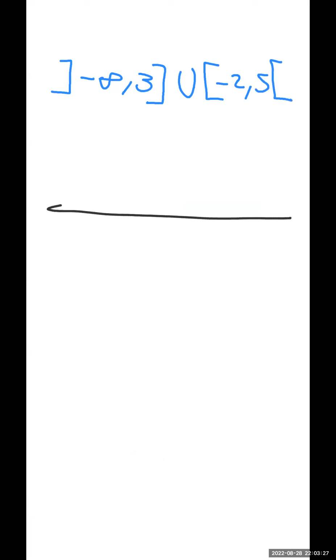-infinity and 3 union -2 and 5. Now represent the first interval on the number line. 3 here. Closed, yes, shaded. Then negative direction, because -infinity, so shade the whole negative direction.